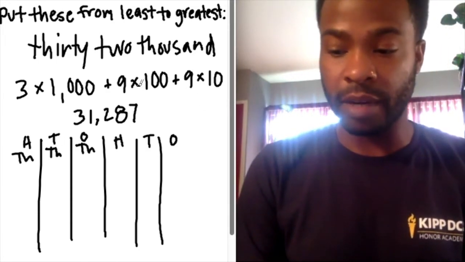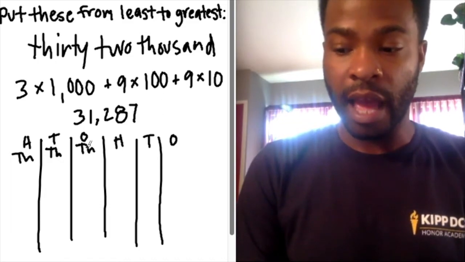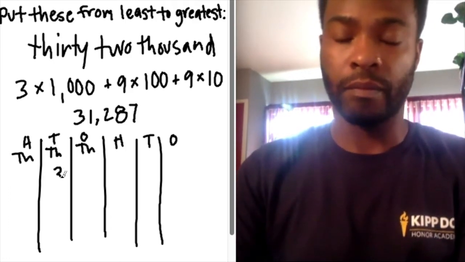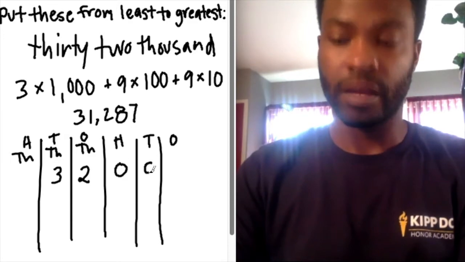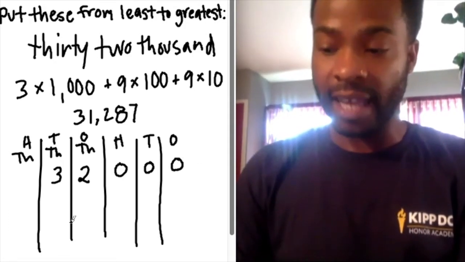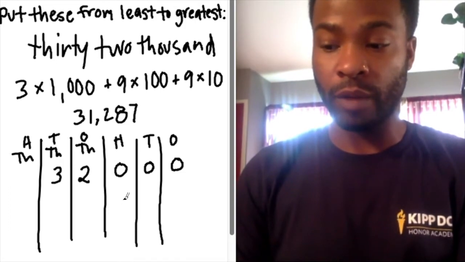So our first number is 32,000 in words. I'm going to put my 32 in my thousands place. Okay. Got it. And I'll just fill in all these other empty spots with zeros, right? Yes, exactly. All right, done. My next number, this is a big one. So I have 3 times 1,000.